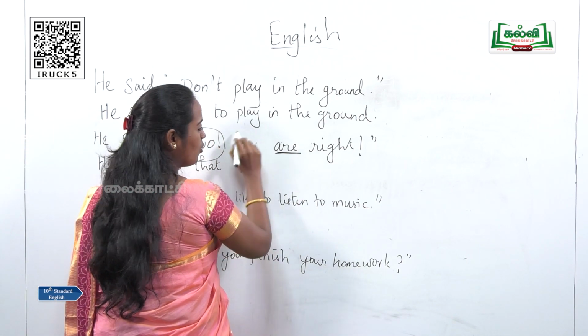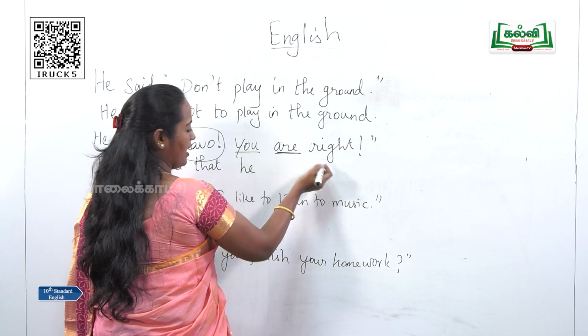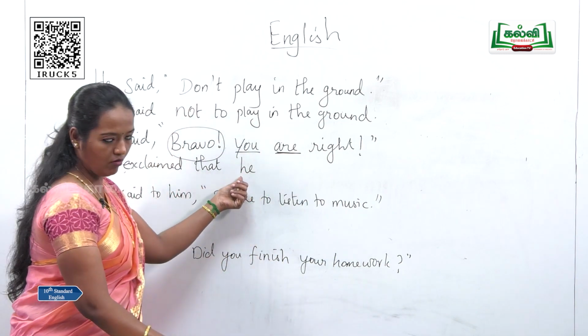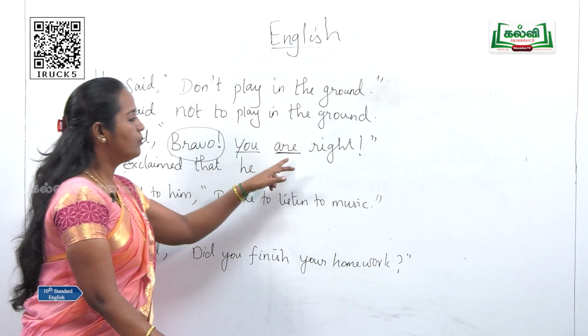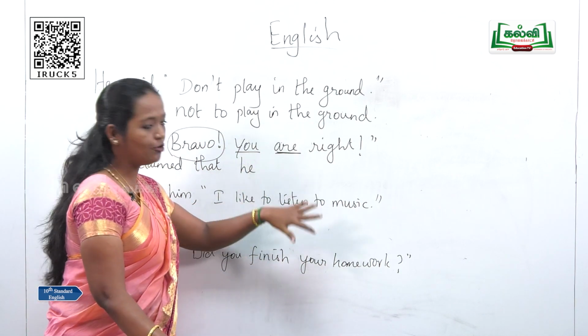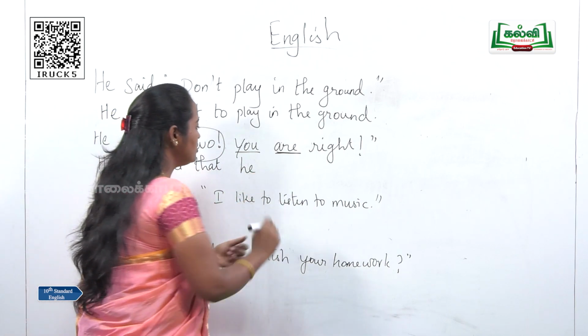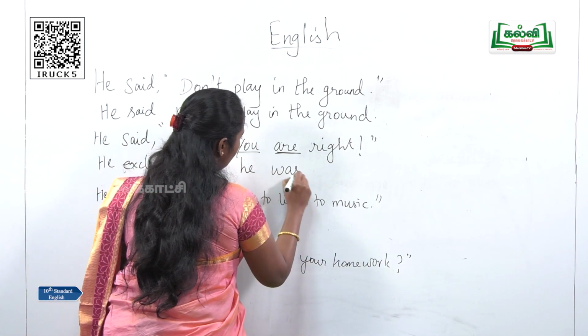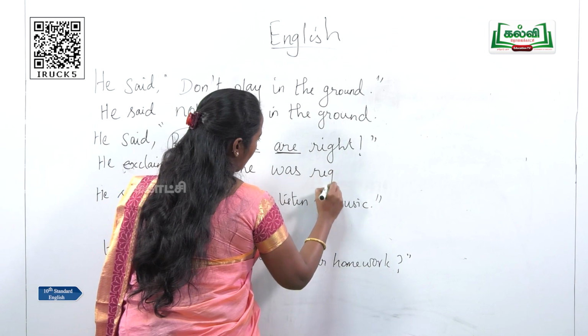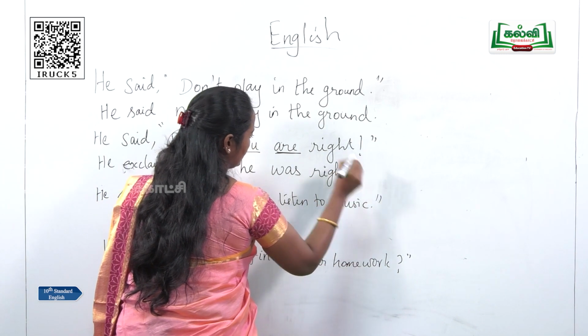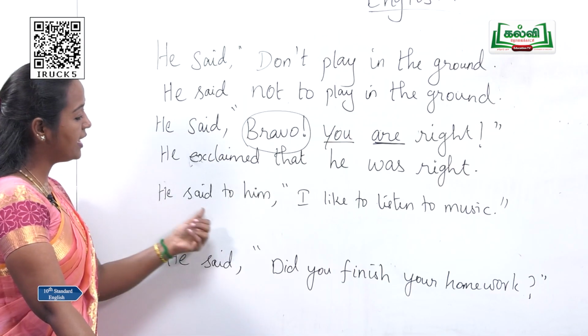Since this pronoun is you, it is followed by are, and I am changing this pronoun into he. So you will have to change this are into past tense. Since it is preceded by he, you will have to use was. He was right.